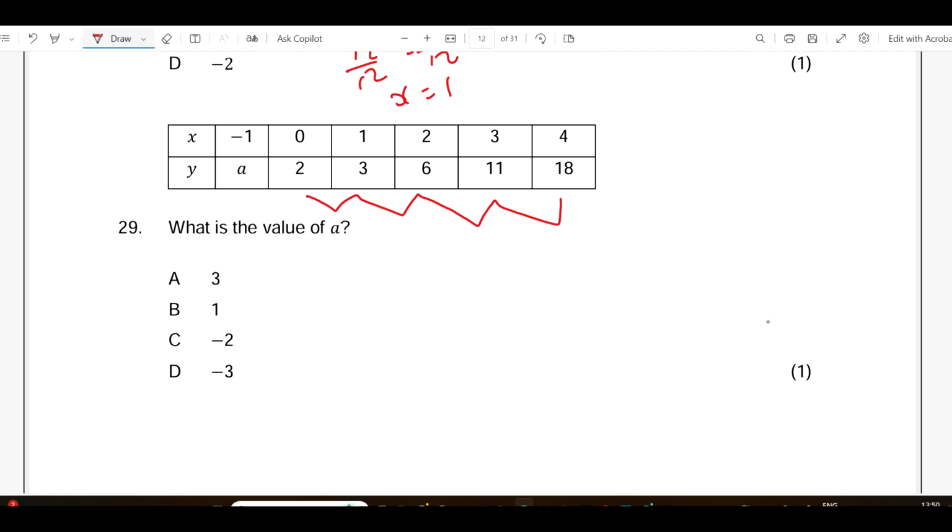So this one minus this one is 1, is 3, is 5, and then it's going to be 1, and then 18 minus is going to be what? It's going to be 7.